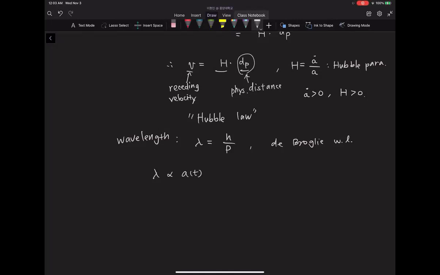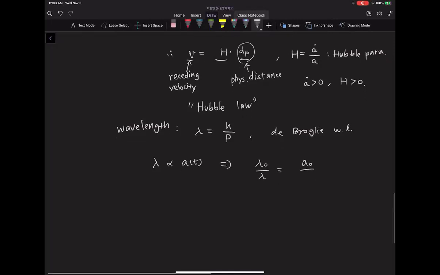Therefore, the ratio of the wavelength at present to the wavelength in the past is given by the ratio of the scale factor. A0 is the scale factor at present. Normally, we normalize the scale factor equal to 1 at present.